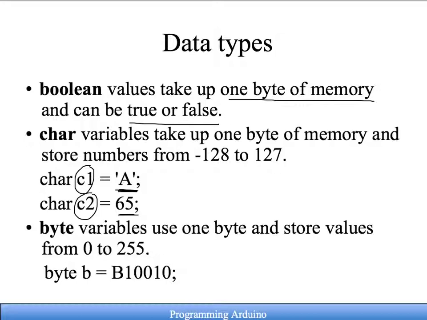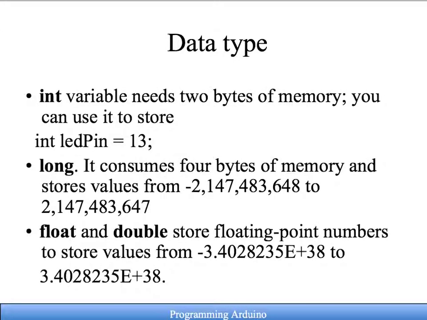We'll talk about this one again later. And the byte is also only 1 byte, and stores the value from 0 to 255. For example, byte B equal to B10010. So it's stored as a binary value. Maybe you didn't understand what it is, but you need to open the ASCII table to understand them.